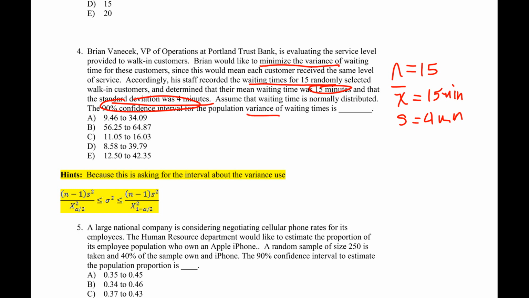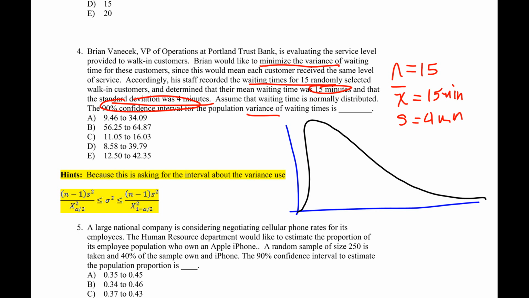So as soon as I see variance, I know that this is my chi-square. This is the one where the data is kind of bunched up and then it skews out, so it is not symmetric. And if I'm doing a 90% confidence interval, then I know this is 0.90. I know that these two tails are 0.05 and 0.05.